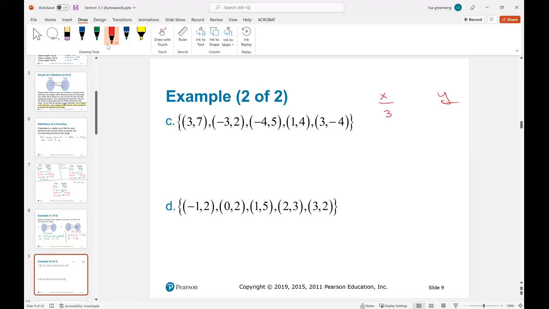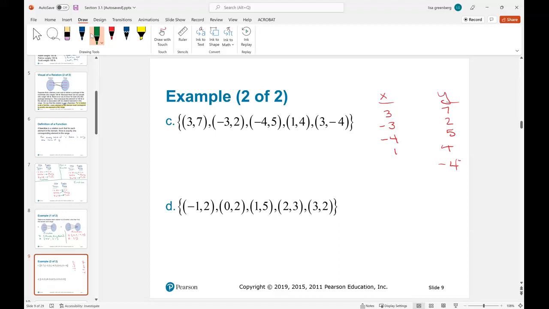I have 3, -3, -4, 1, and 3, but I already have 3. And then for Y, I have 7, 2, 5, 4, -4. Is that right? 7, 2, 5, 4, -4, 3, -3, -4, 1.